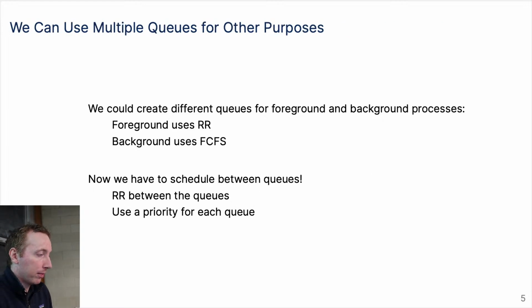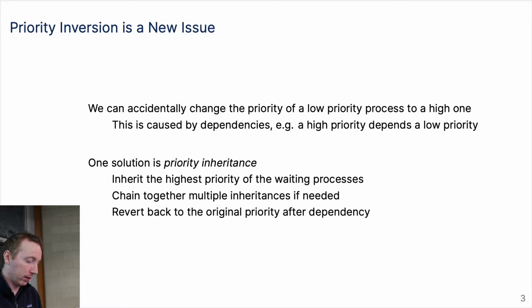Yeah, I have a question regarding the priority inheritance. After the inheritance, will the low priority process have the same priority as the highest priority process? Yes, if a high priority process is waiting on a low priority process, that low priority process should be treated as a high priority process just to resolve that. Otherwise, the scheduler would just say, hey, I want to run the high priority process over and over again, and it's not going to make any progress.